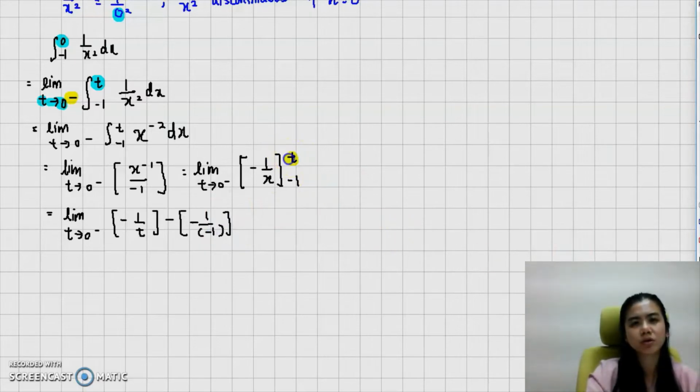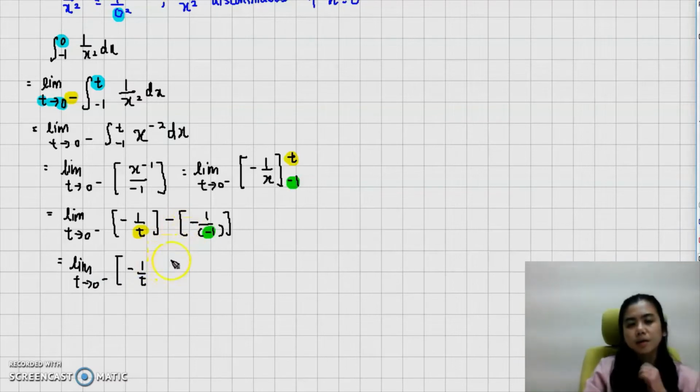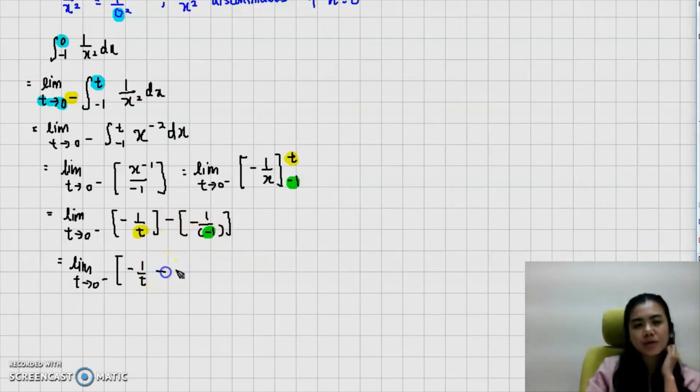We do the substitution here, and here too. Again, simplify it. Minus and minus back will give you plus also, so we have minus 1 over t plus 1 here.